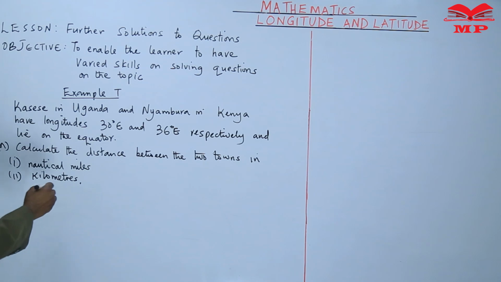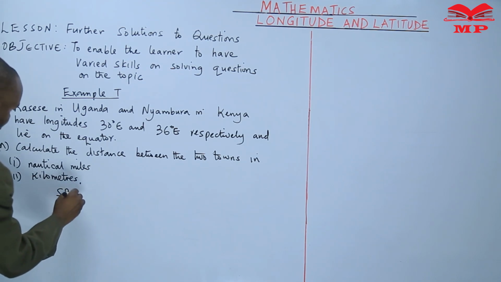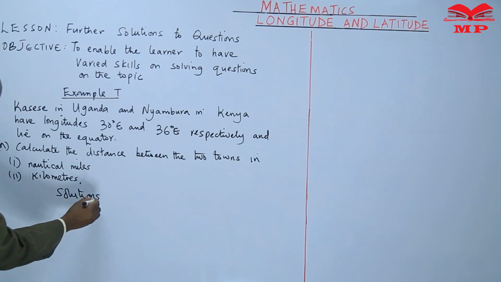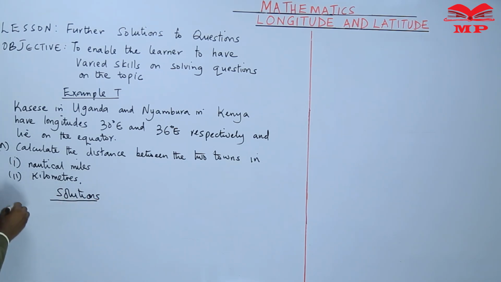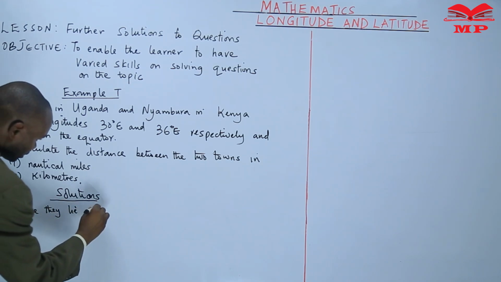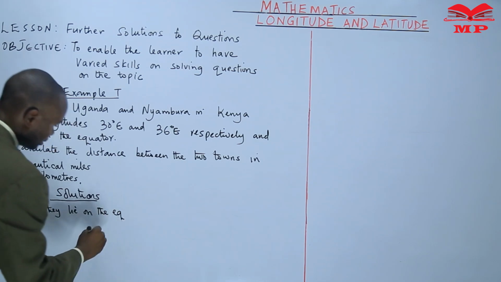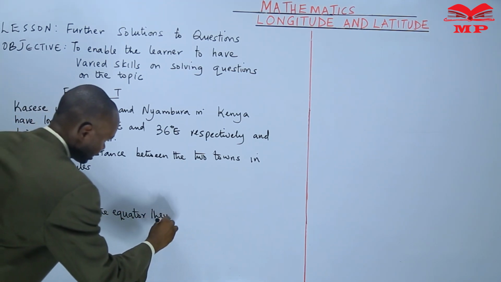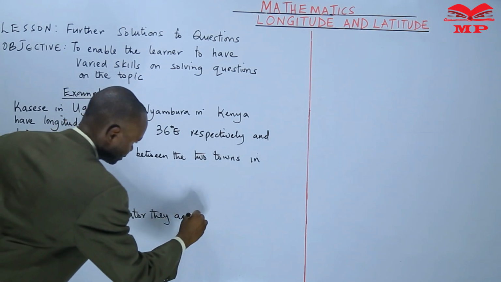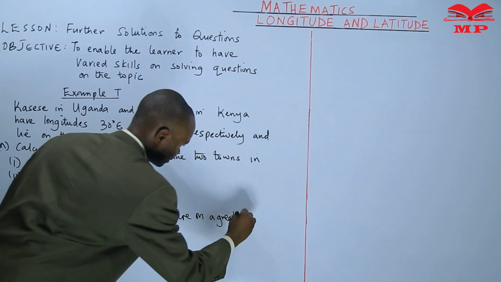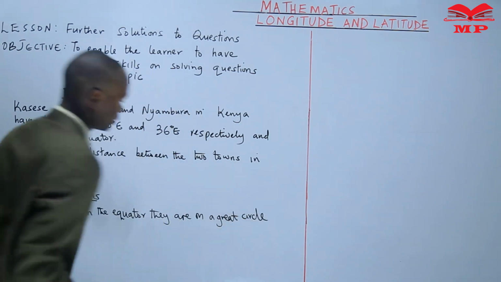So in the solutions, what you note first, since they lie on the equator, they are on a great circle.